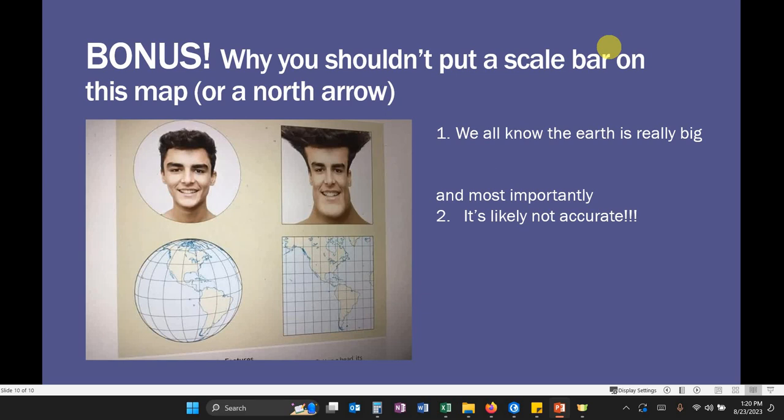And as a bonus for those of you that made it to the end of the video, just a brief demonstration on why this map probably shouldn't have a scale bar or north arrow. There are so many global projections, and they generally preserve either distance, direction, or shape, but they can't preserve all of those things generally.